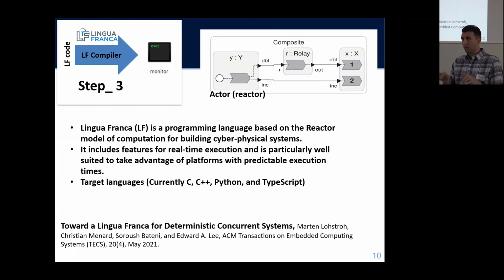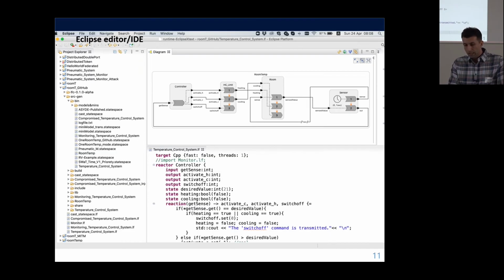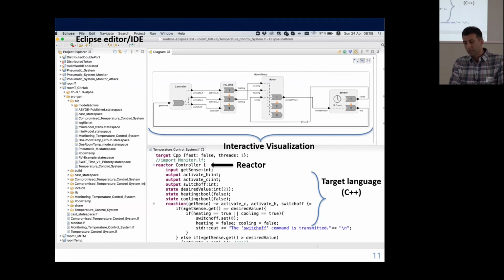This is the idea for the LF. Currently we developed one of our projects in C++, which has an interactive visualization, and we can emphasize or connect which time we are connecting in this code.